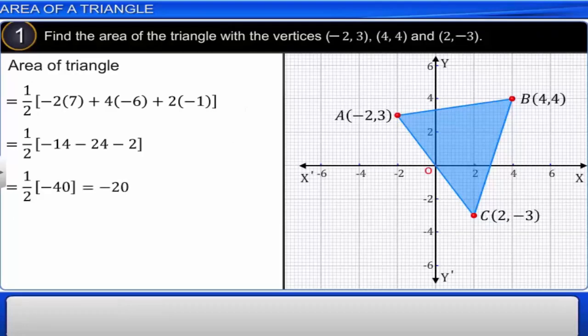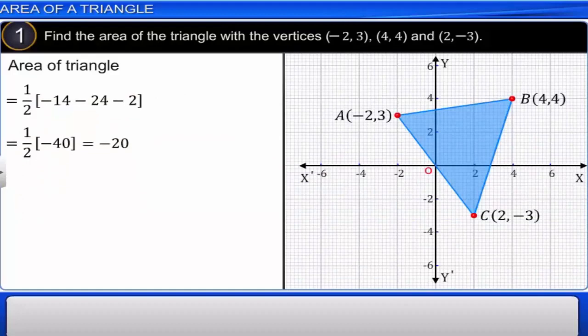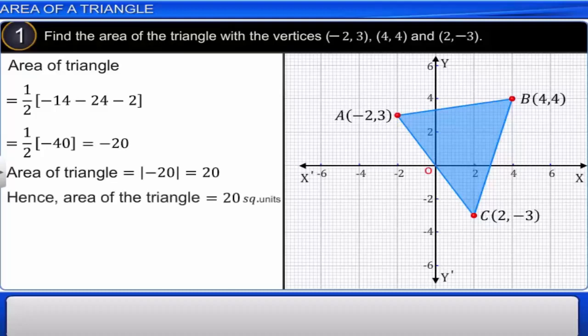Hence, while calculating the area of a triangle by using this formula, we need to take the absolute value of the determinant to avoid negative values, if any. This implies area of the triangle is equal to 20. Hence, the area of the triangle is 20 square units.